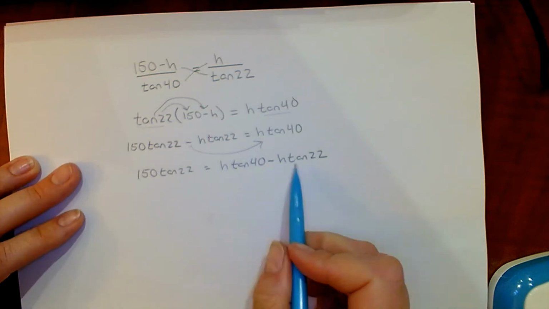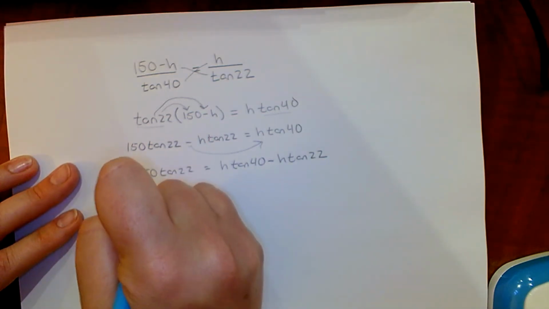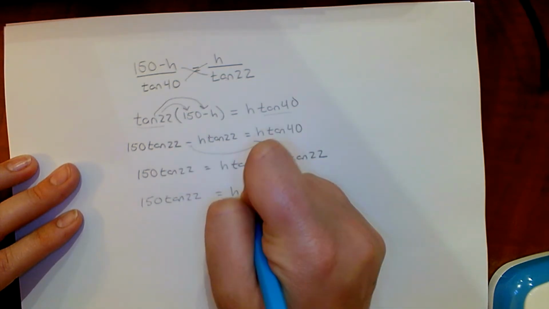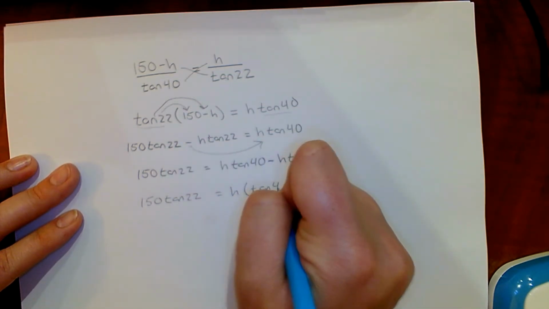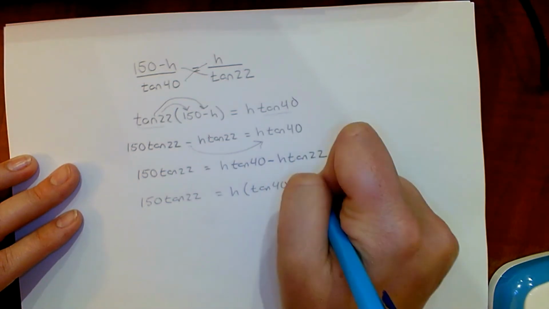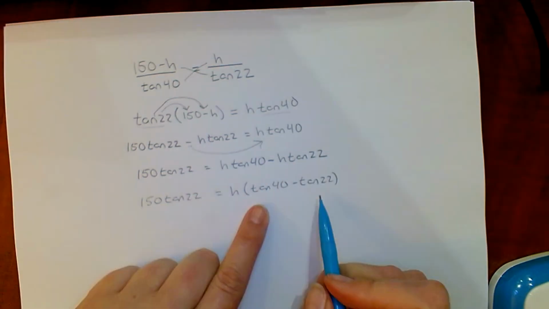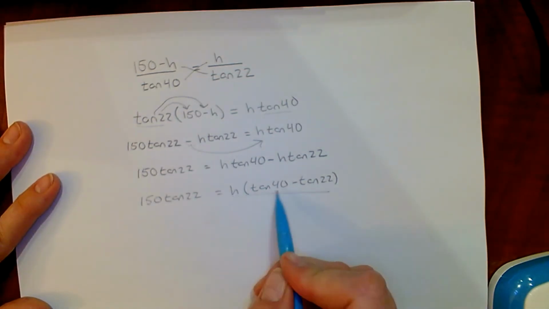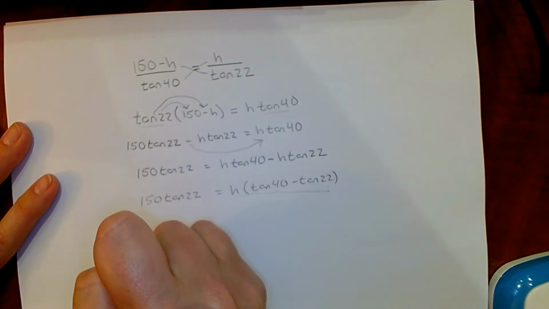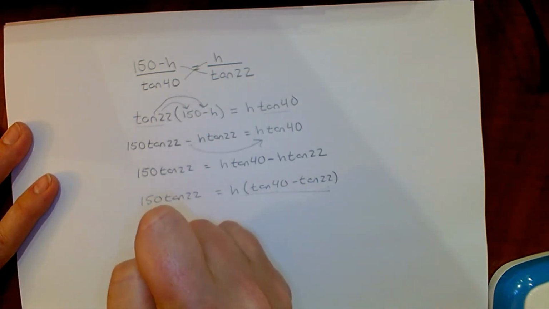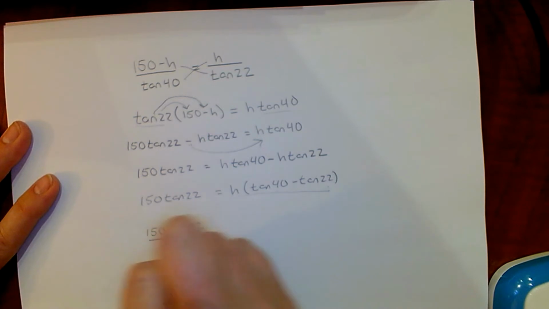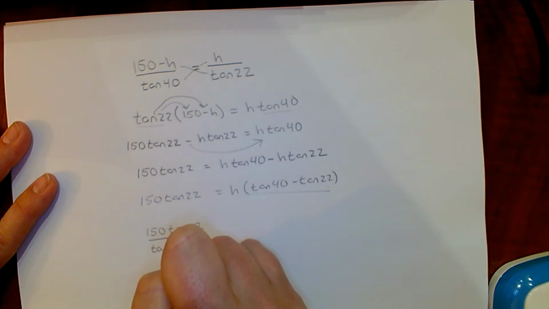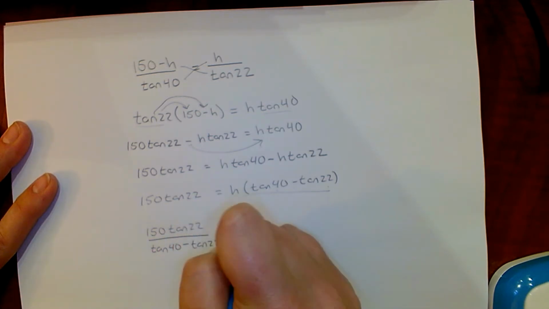Then I'm going to factor out an h, so that now we can divide by tangent 40 minus tangent 22. So we end up with 150 tangent 22 over tangent 40 minus tangent 22 equals h.